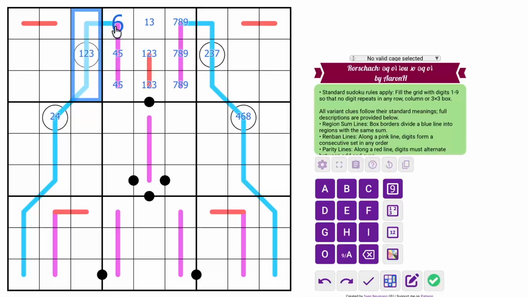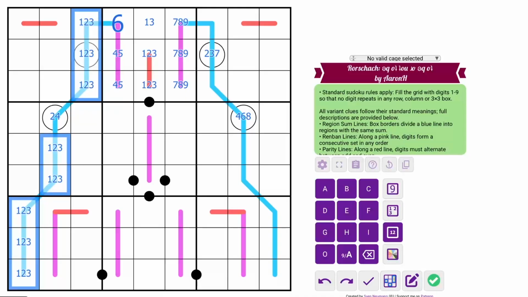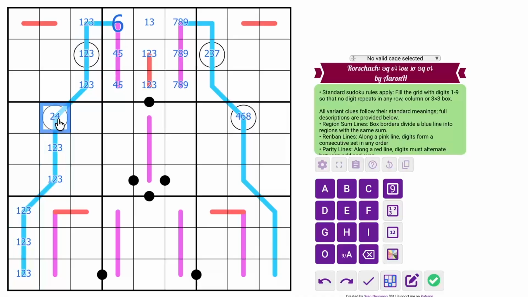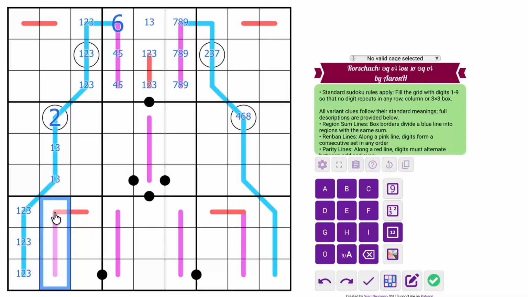So next, 6 only has one way to add up to it in 3 digits, so these are all 1, 2, and 3. This here, of course, is a 2 because it can't be a 4 anymore. And we've got early indications here of what's called roping. With roping, whatever these digits here are up in this box, they're not going to be able to go in the same column.